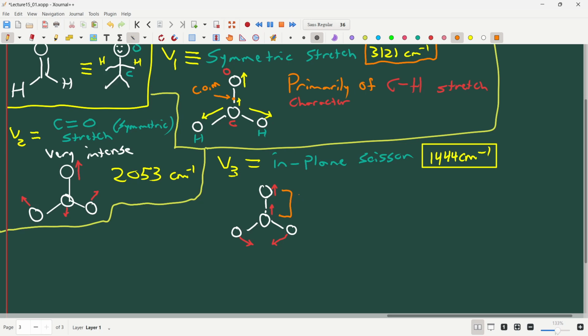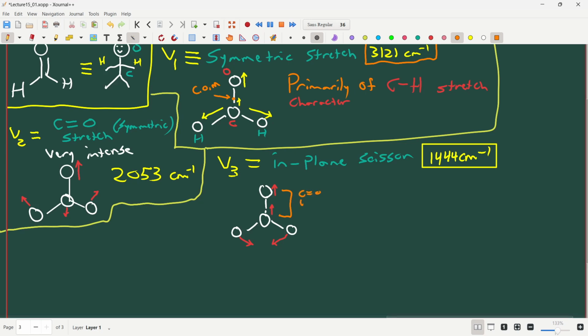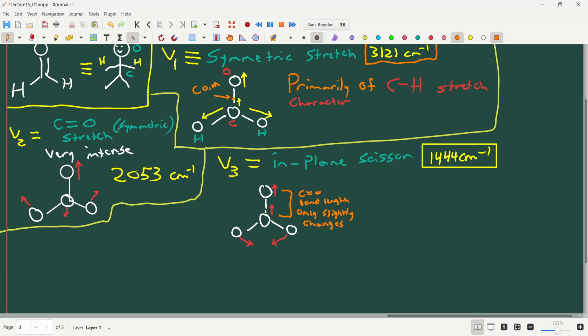So I'll write that, the CO bond length only slightly changes. Right, so it's kind of a weaker transition, weaker spectrum, weaker absorption for this reason.